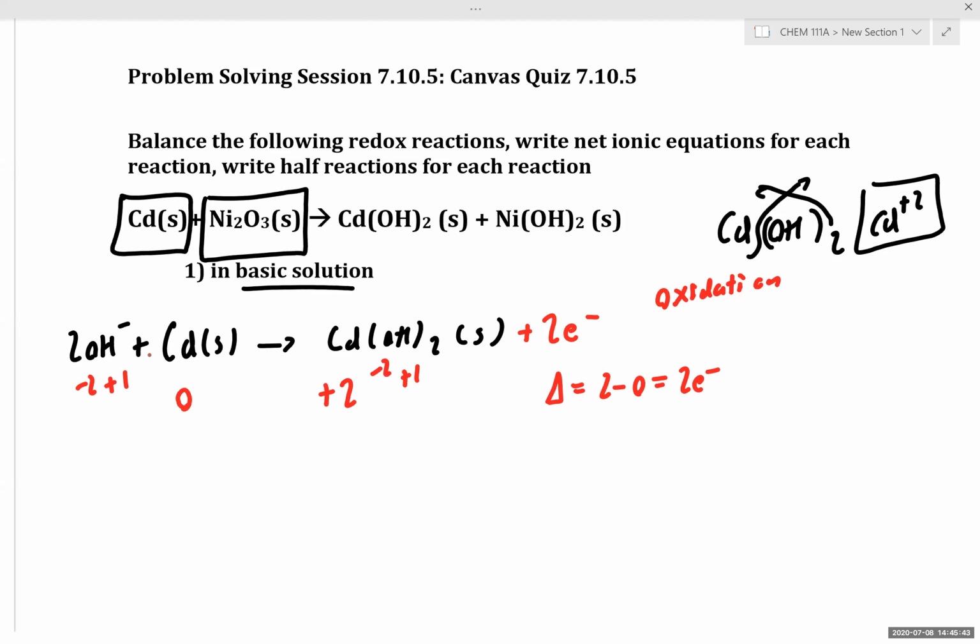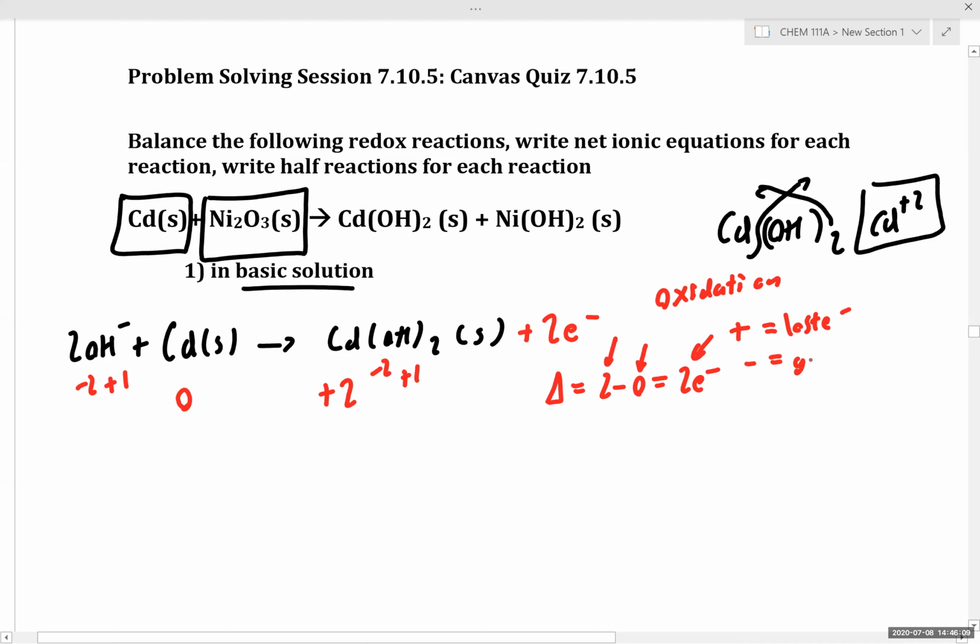I noticed in the chat, someone had a question about the electrons. The best way that I like to go about it is I like to look at my oxidation numbers in my reactant and product. I take my product oxidation number and I subtract my reactant oxidation number from it. If the number is positive, that means we have lost electrons.